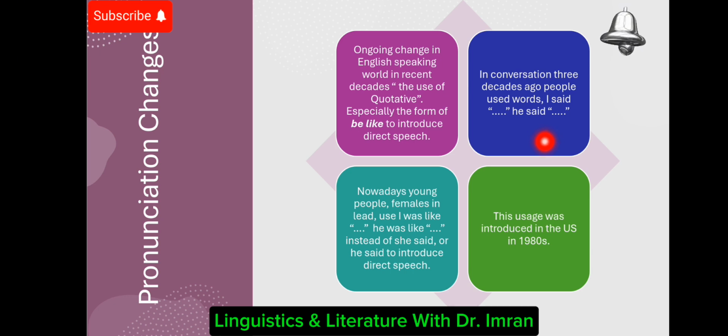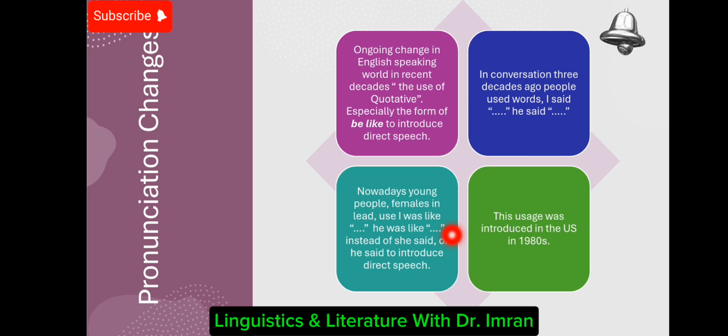Fine. Now this is the explanation. In conversation three decades ago, people used the words I said and then a quote mark, and he said and then a quote mark. Nowadays, young people, particularly females in the lead, use I was like.